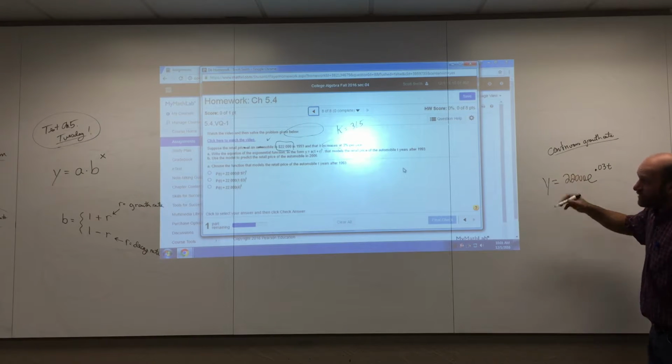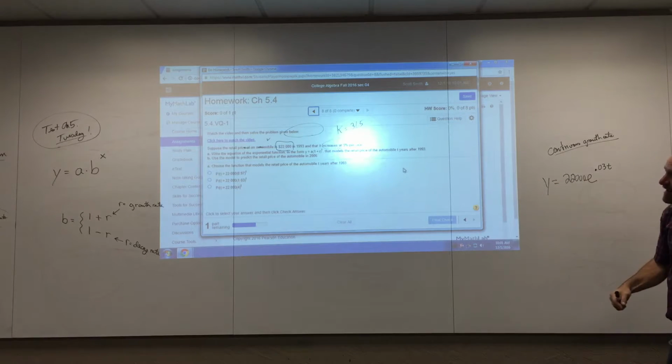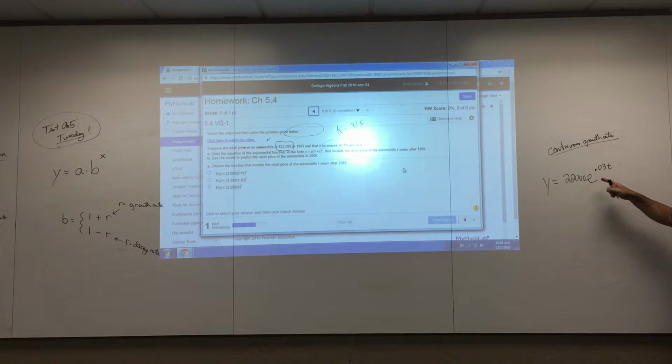This is not the answer to this problem, and it's not a choice. But different books have done it different ways. I've explained this for 20 years, and I explain it different ways at times. You may not run into this, or if you did, they'd give you the formula. But this would be a continuous growth rate of 3%.